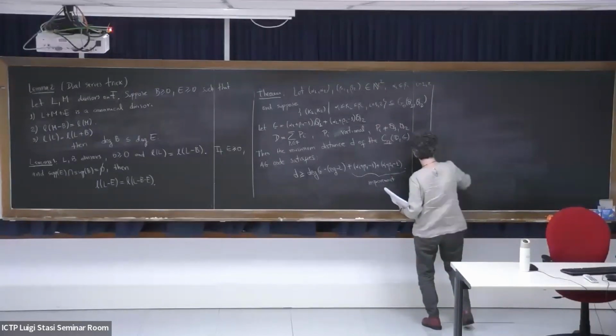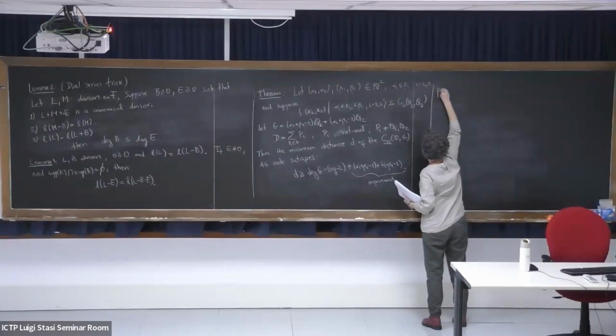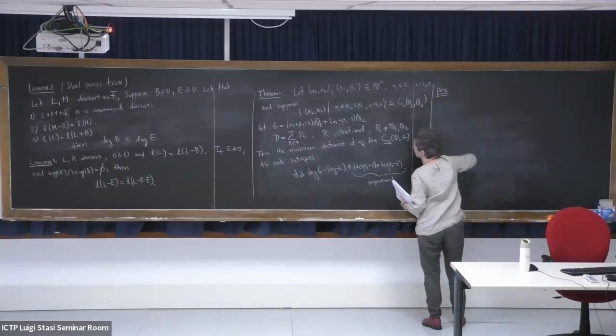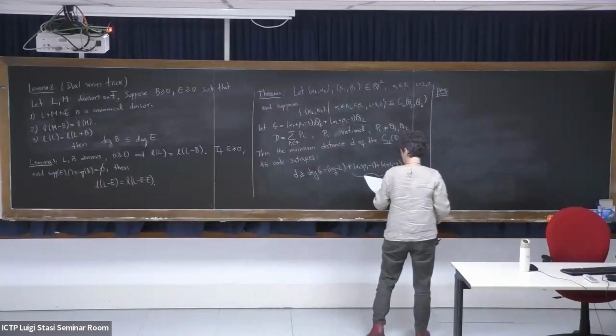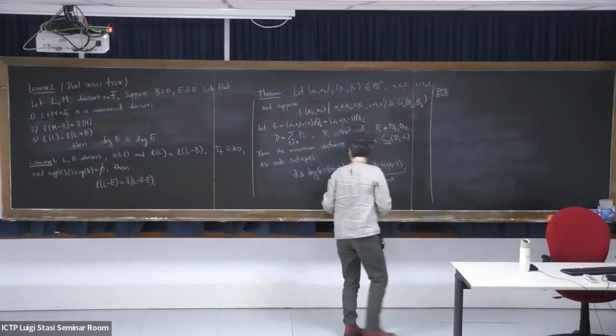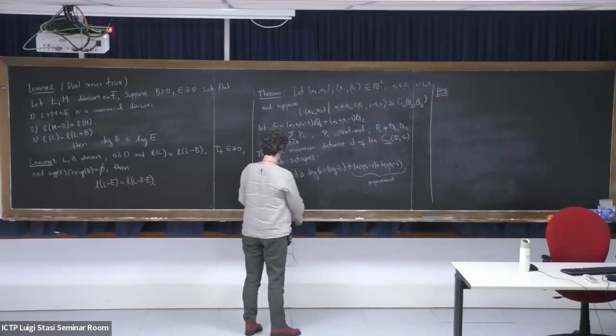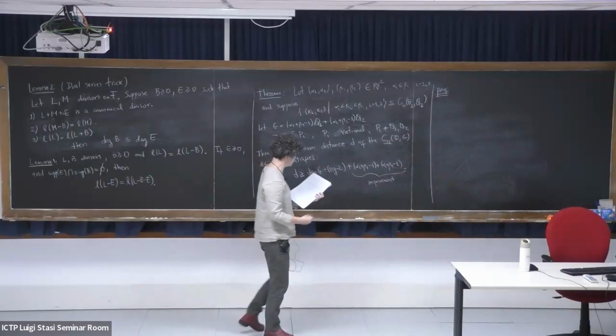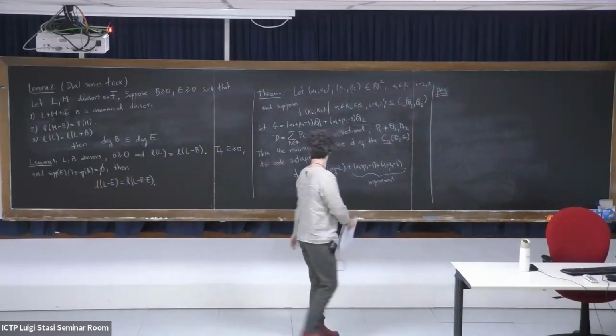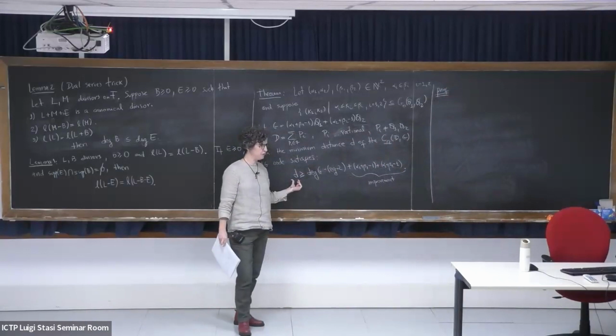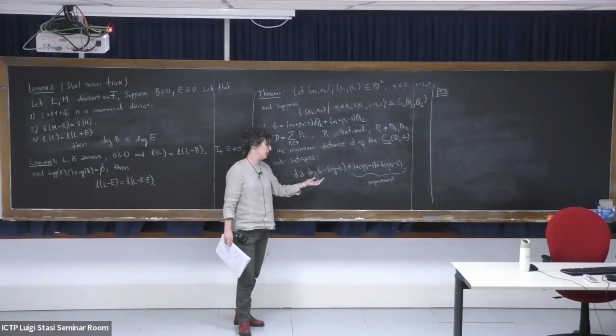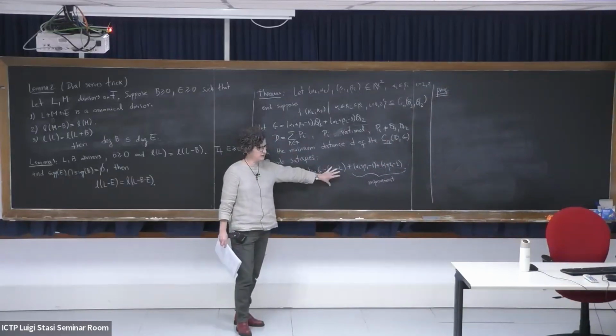So, proof. This code has minimum distance d. So what are we going to prove? Do you remember what d is? This is the minimum of the weight of all code words. So we are going to fix one code word eta, not 0, with weight omega, and we are going to prove that omega is larger than this.